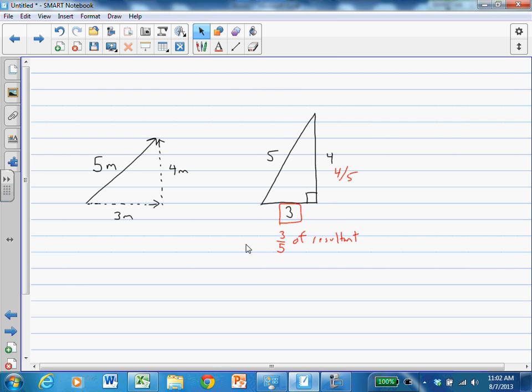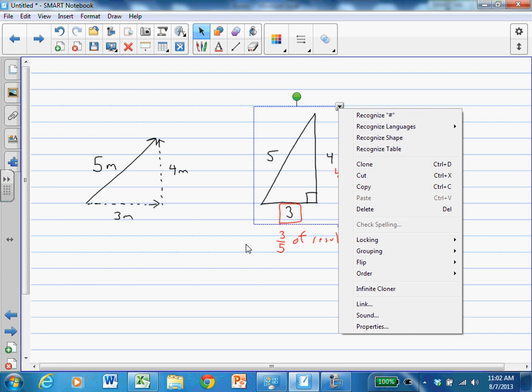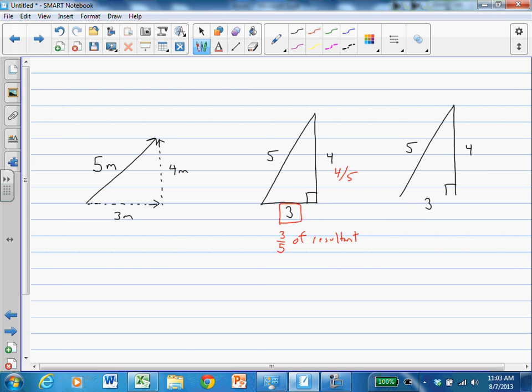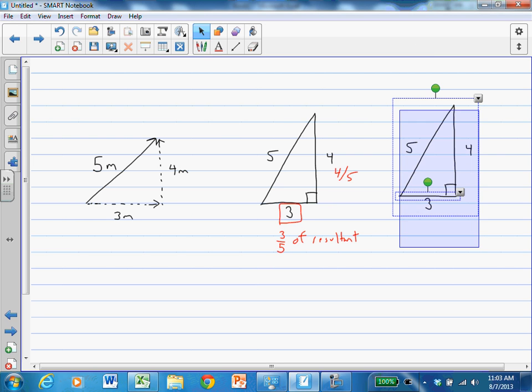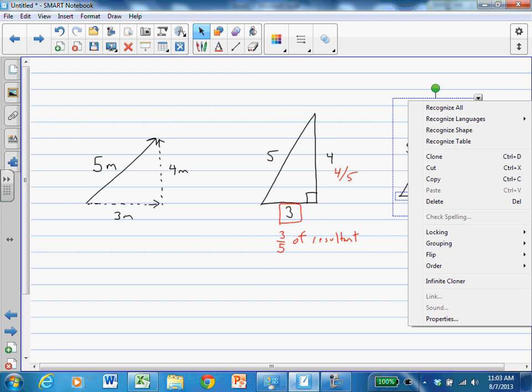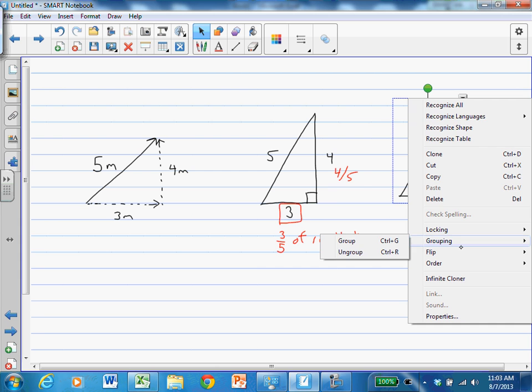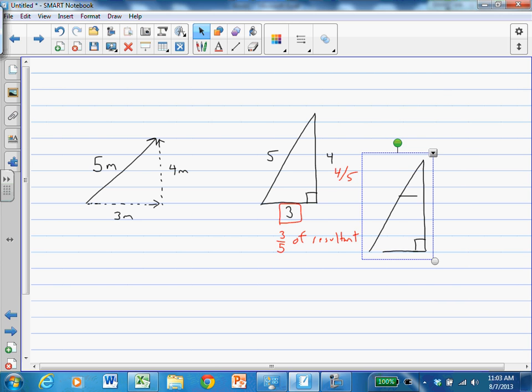We could take the triangle and there's a 3, 4, 5 again. We could double its size, right?